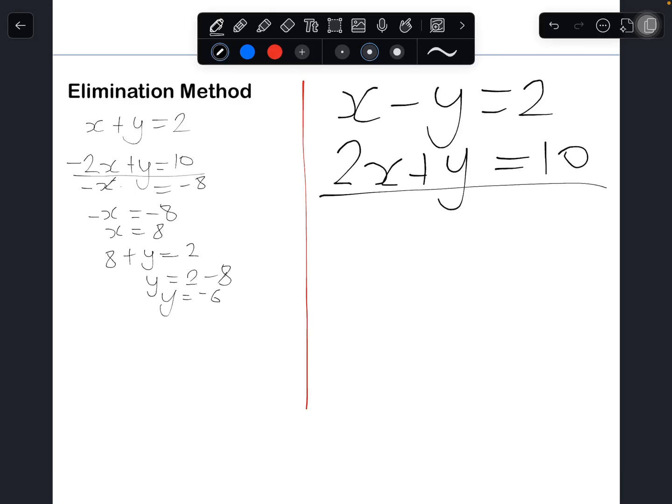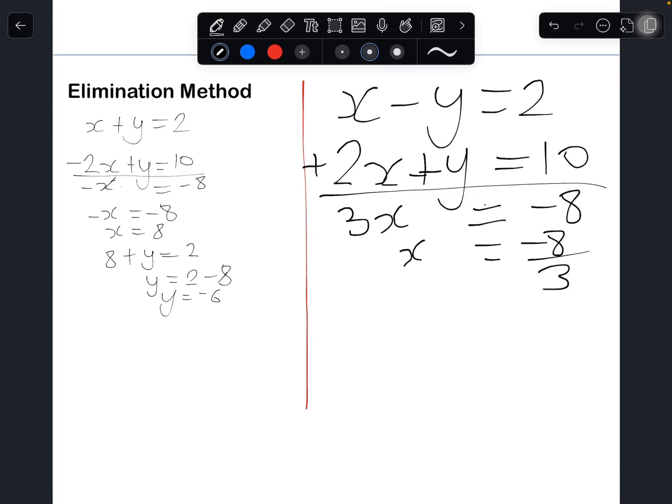So if I wanted to cancel off these y's, I wouldn't subtract them, I would add them, because negative y plus y would cancel out. So I'll put a plus here. I then get 3x equals 12, and then x equals 4.